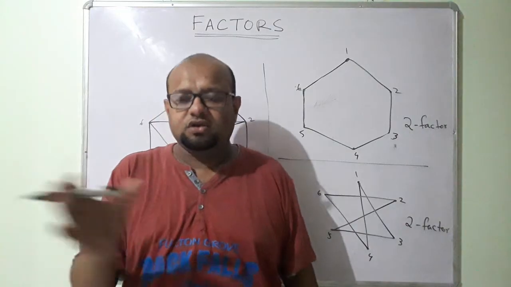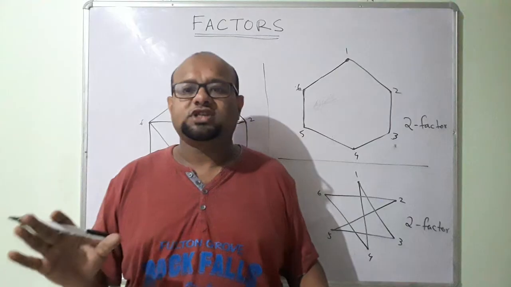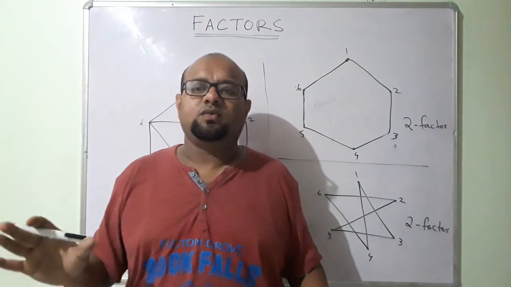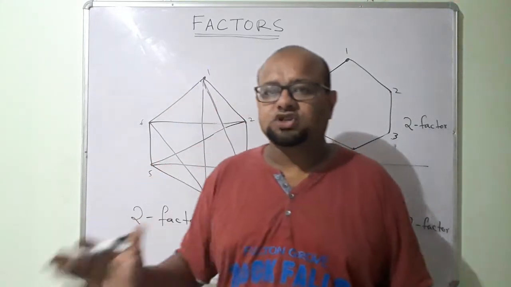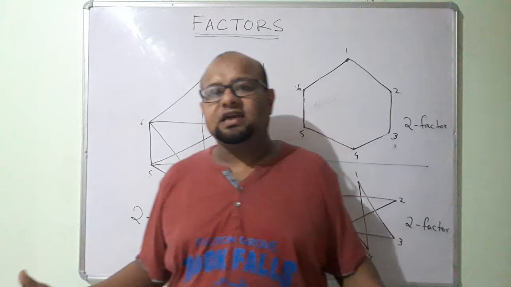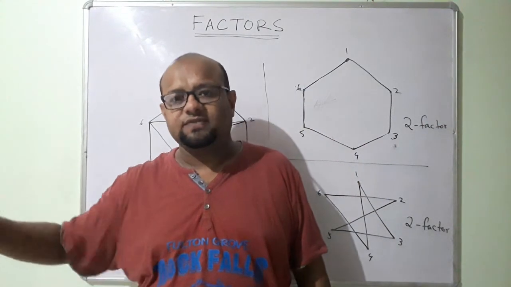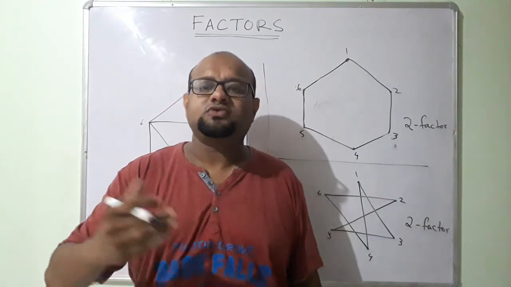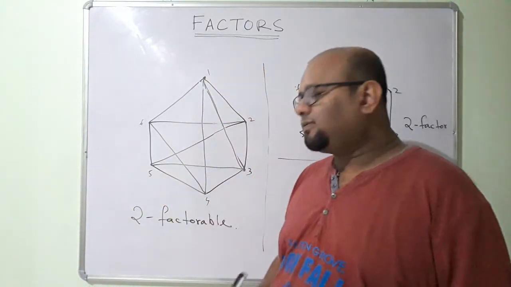And also, in these three one factors that we have, no edge was common. In case of Desargues also, when I did this one factorization, we got three different one factors, no edge was common. So when we union these different one factors back, we got back the original graph. So these graphs were one factorable. Then we saw this graph.